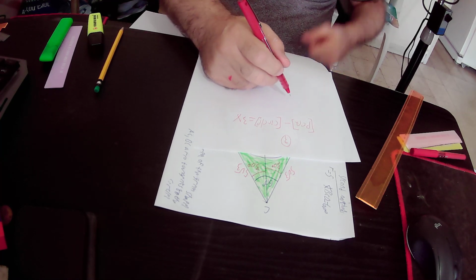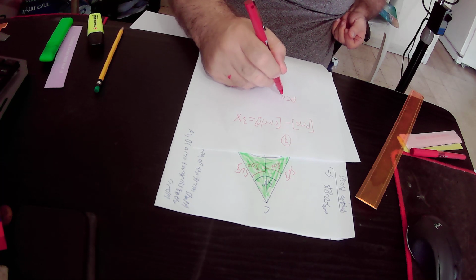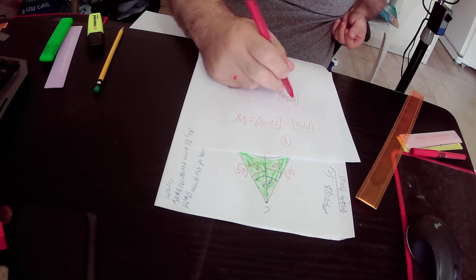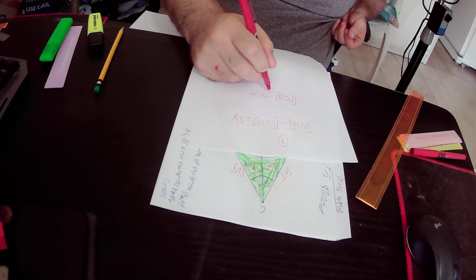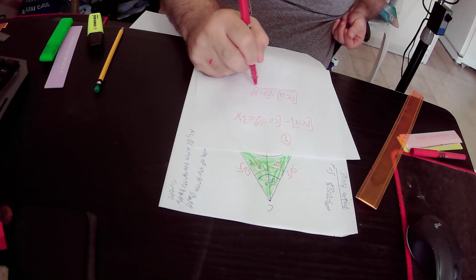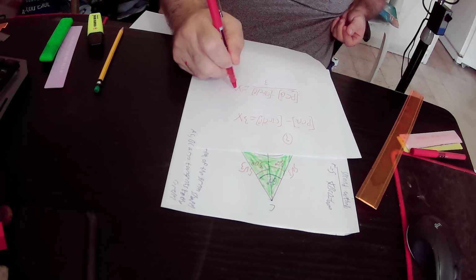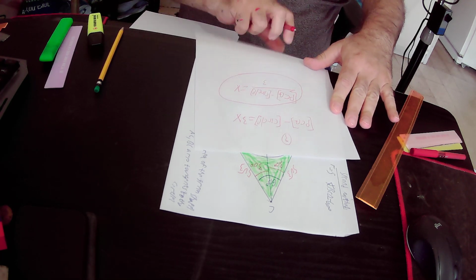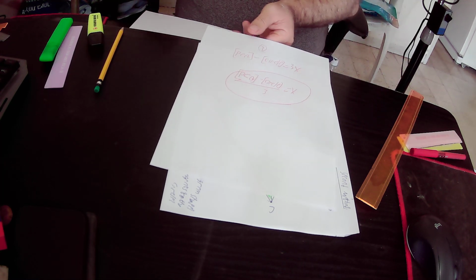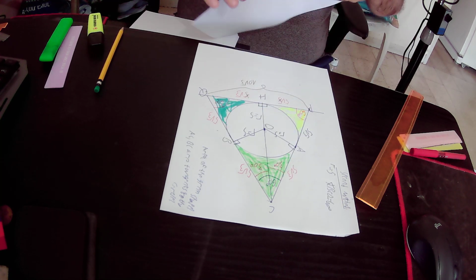So the area of the green shape, that is x, will be equal to the area of triangle PCQ minus the area of the circle over 3. 3x over 3 is x, and x is the area of the green shape according to our definition. Okay, so the area of the green shape equals the area of equilateral triangle PCQ minus the area of the circle over 3.